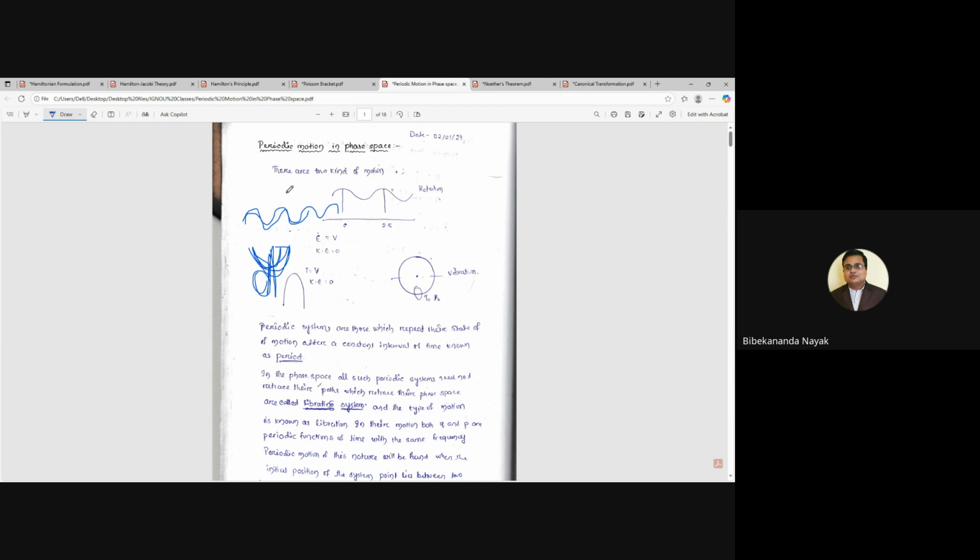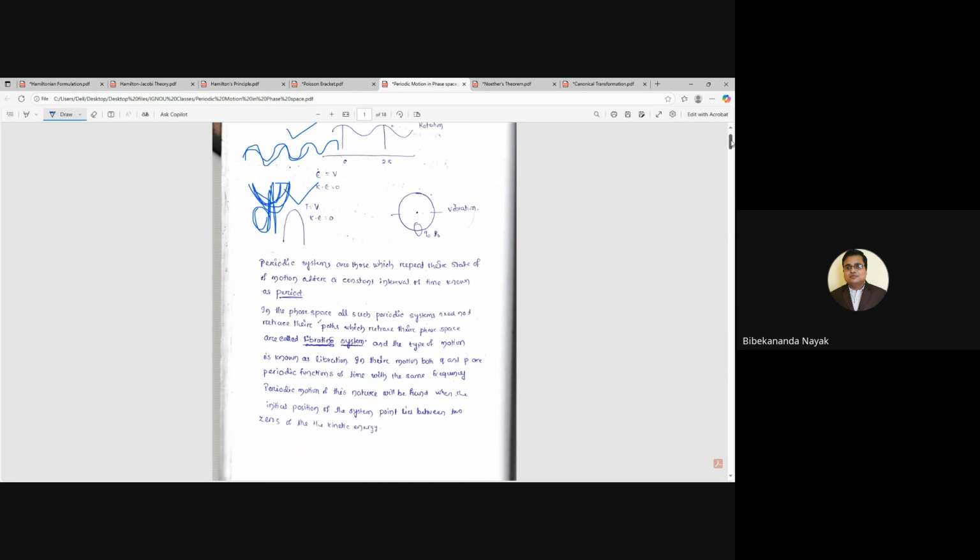But there are two cases. Periodic motion can be defined in two ways: libration and rotation. In phase space, periodic systems which retrace their path are called libration systems, and those which do not retrace their path are called rotation.